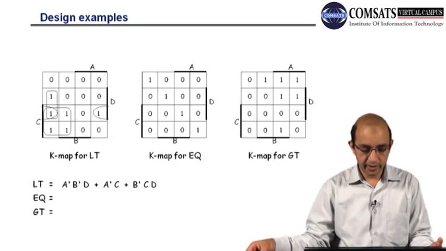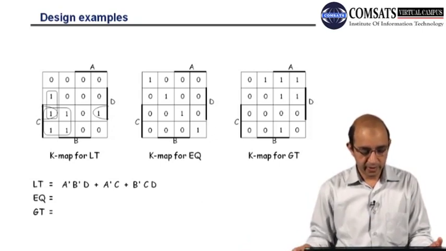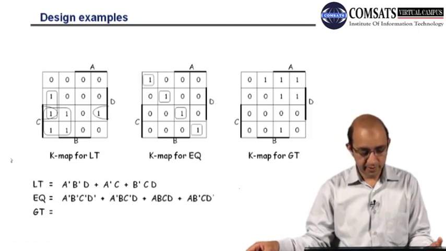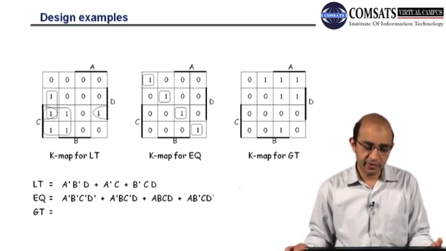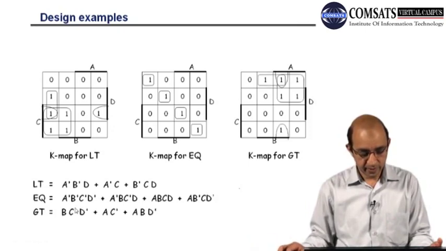You can see that this is the K-map for LT. This will make no difference, and then we will be having equal, and greater terms.